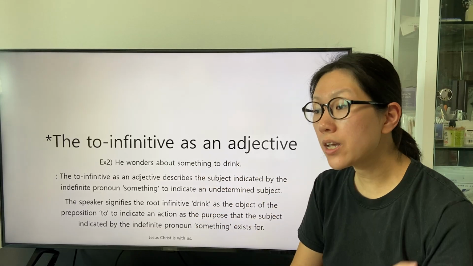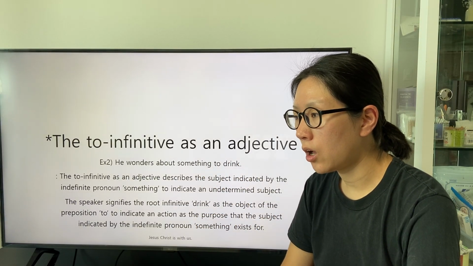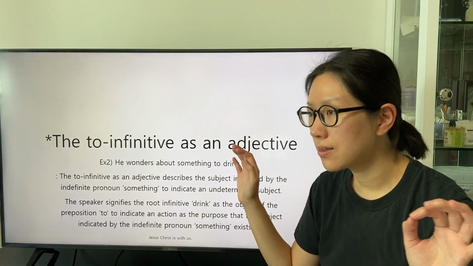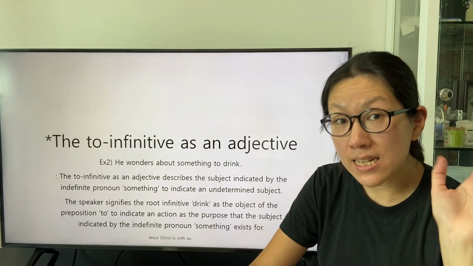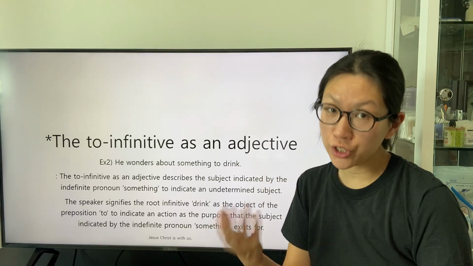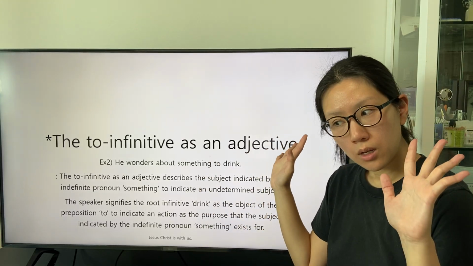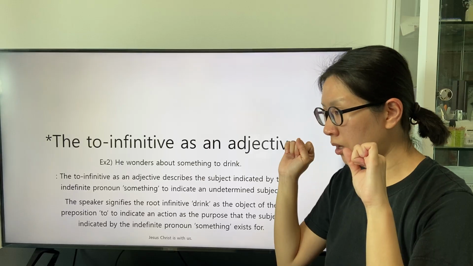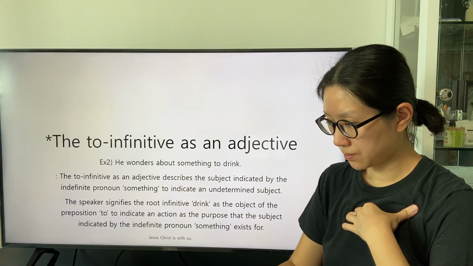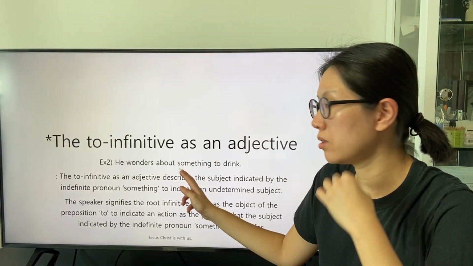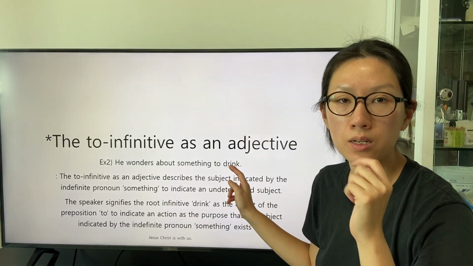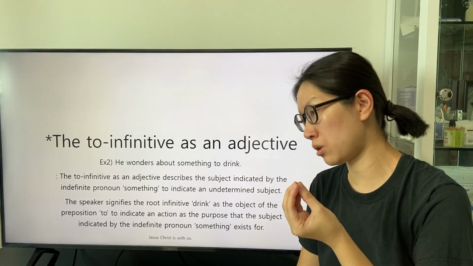And we can think of the application of the other adjective that describes the present condition. We can apply the adjective cool between the indefinite pronoun something and the to infinitive, to drink, with the trait as an adjective.